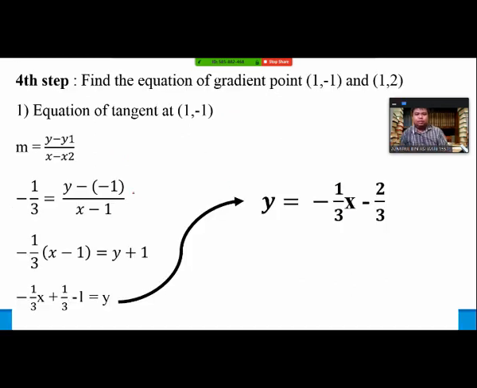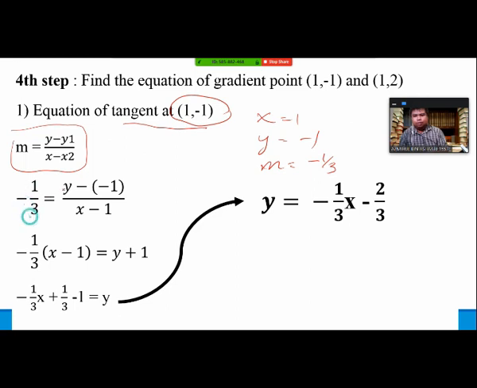And of course, you get the point for the equation of the tangent at the point 1, negative 1, which is x equal to 1, y equal to negative 1. To find the equation of tangent, you use this one and you know that your m is equal to negative 1 over 3. So substitute negative 1 over 3, y minus negative 1, this is y, and this one is x.